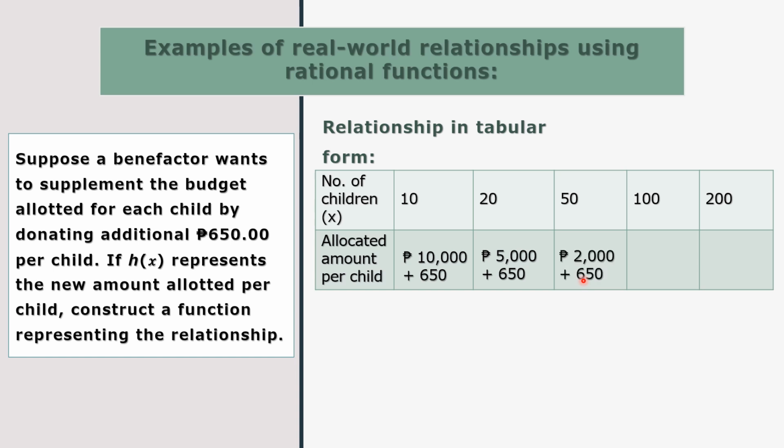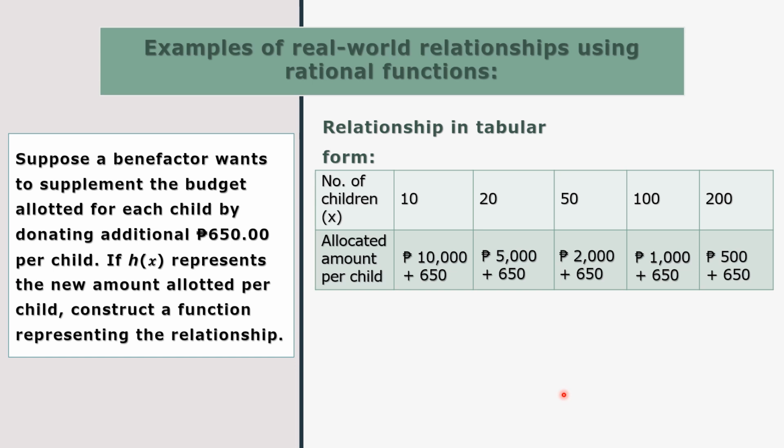For 50 children, the allocated amount per child is 2,000 pesos plus 650 pesos. That is a total of 2,650 pesos per child. For 100 children, we have 1,000 pesos plus 650, a total of 1,650 pesos per child. For 200 children, the allocated amount per child is 500 plus 650, a total of 1,150 per child.